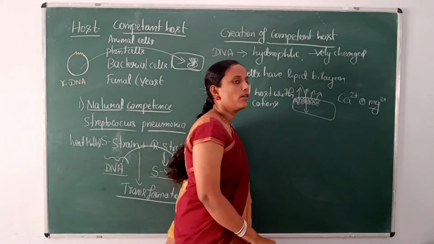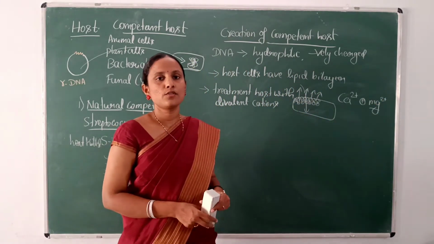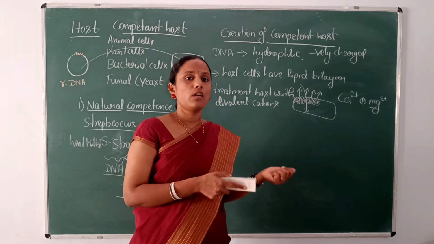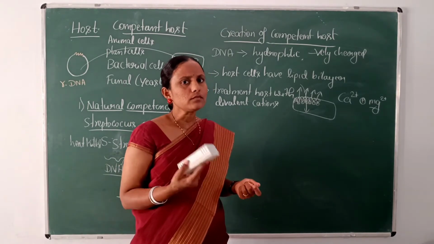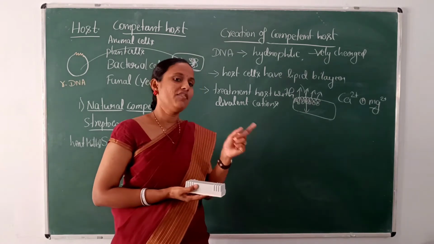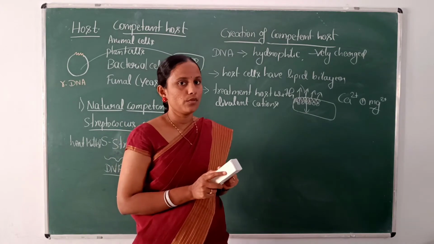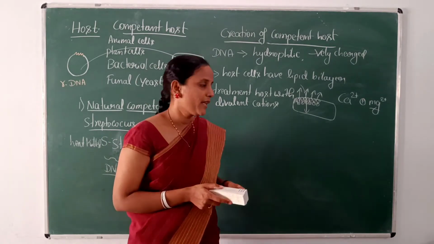Magnesium ions can be added to the growing plates of bacteria half an hour or 1 hour before usage, so that it will create the pore. But this is not a commonly used method.